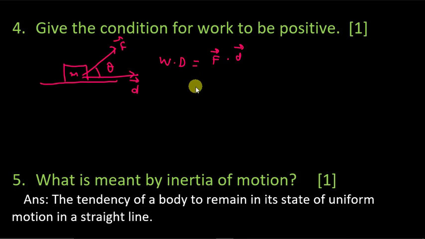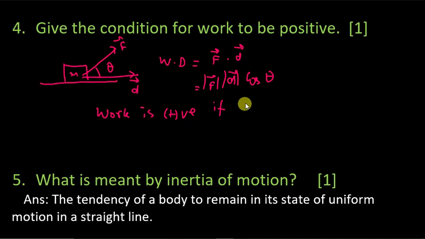So the magnitude of the force, magnitude of the displacement, cos of the angle between F and d. So work is positive if theta is less than 90 degrees.